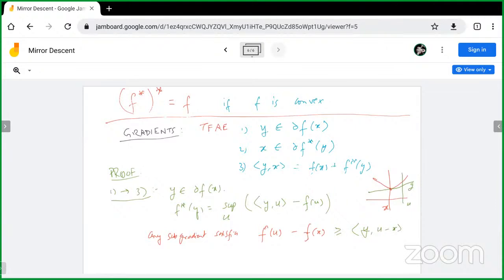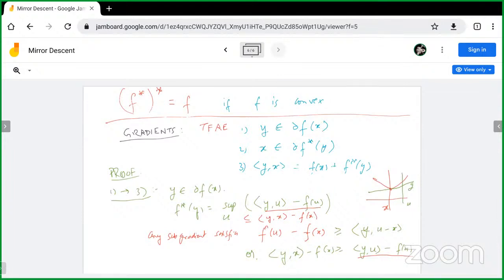Okay. Now if I manipulate this a little bit, then I get that the inner product of y and u minus f of u is at most the inner product of y and x minus f of x, and this is exactly what we have. Therefore this is always at most this.